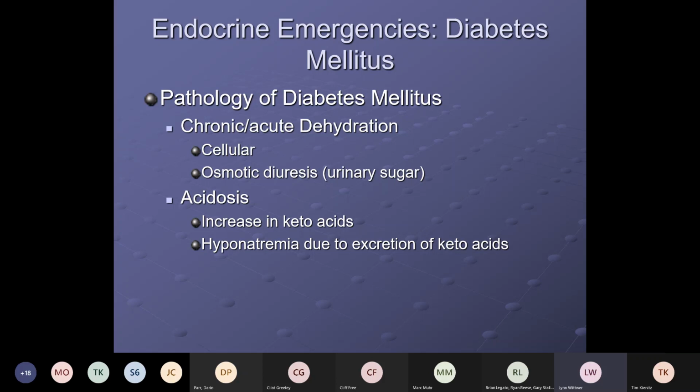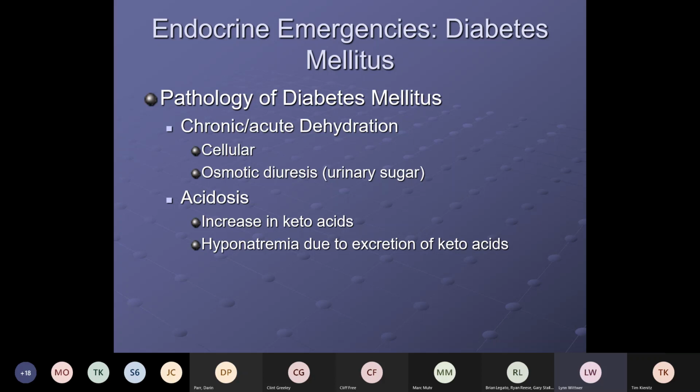So an increase in keto acids, these are like acetone, and that's why classically we would tell you, if there's a fruity smell about the patient, you think of diabetes, think of ketosis at that point. You can get ketosis by starvation ketosis too. So someone who's been sick for a while and not eating, and so they're breaking down fats and protein to provide energy, they may be ketotic as well, even though their blood glucose is normal.